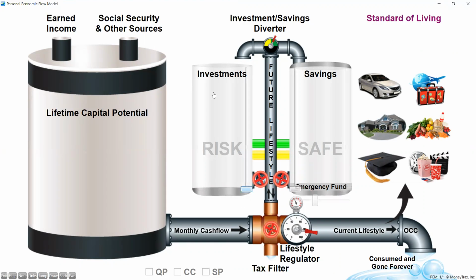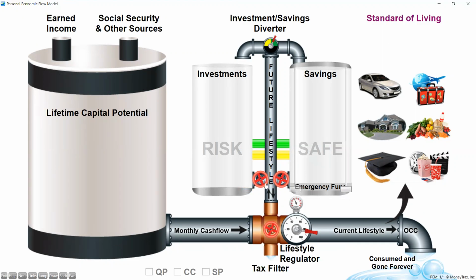So, you have lifetime capital potential in this tank right here. This tank is humongous because what comes through our hands from the time that we start to earn income to the time we retire, millions of dollars go through our hands. So that's why this tube is this big, and we may not believe so, but if I click on lifetime capital potential, I'll show you how much money comes through your hands, but we'll continue on.